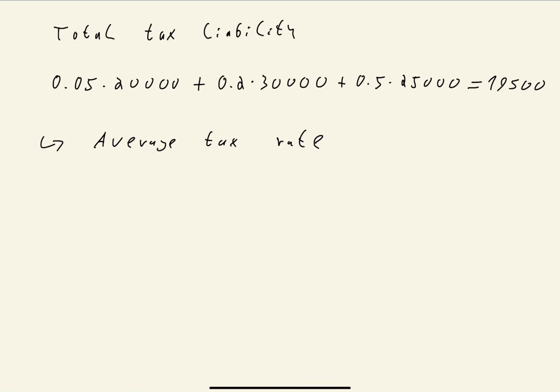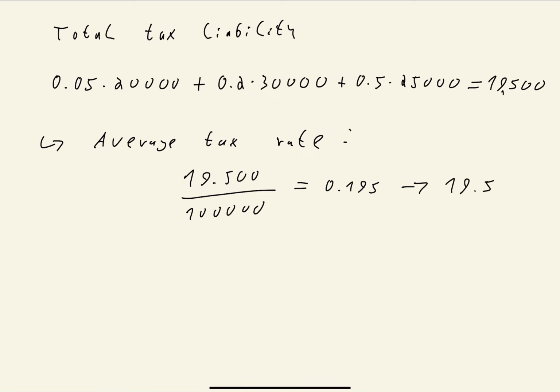So the 19,500 here is the total tax liability, and the average tax rate is then total tax liability divided by total household income. So 19,500 divided by 100,000, and this is equal to 0.195, and hence the average tax rate of the Buba family is 19.5%.